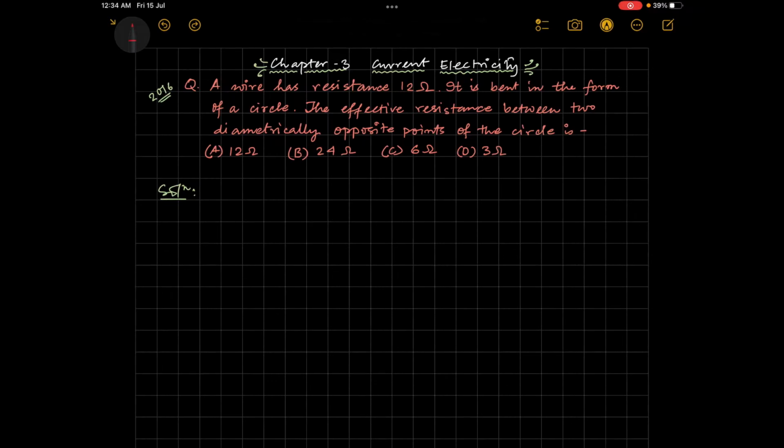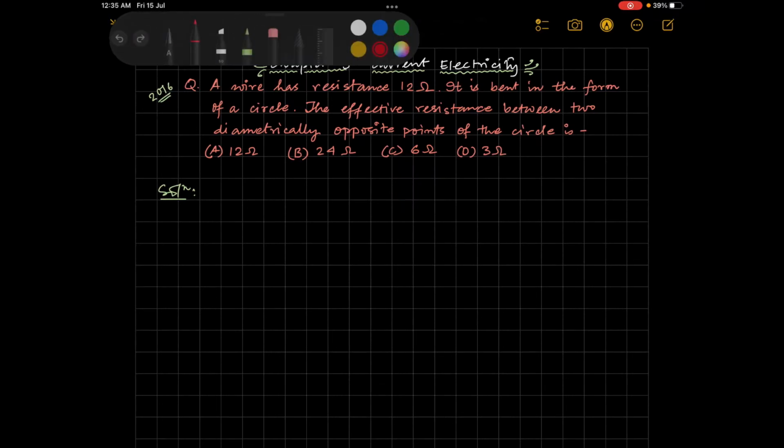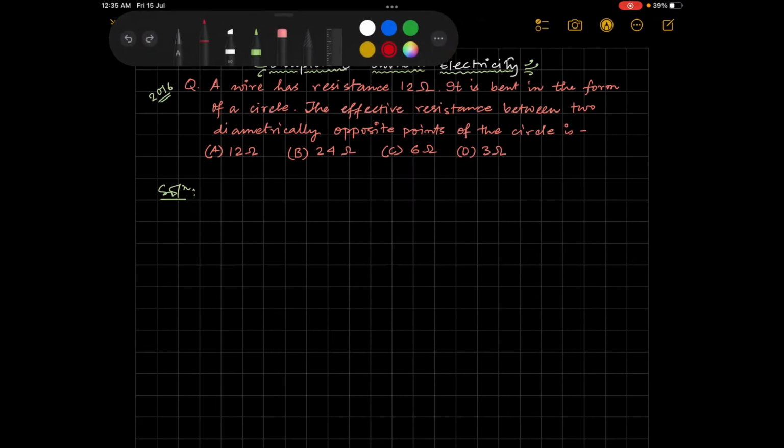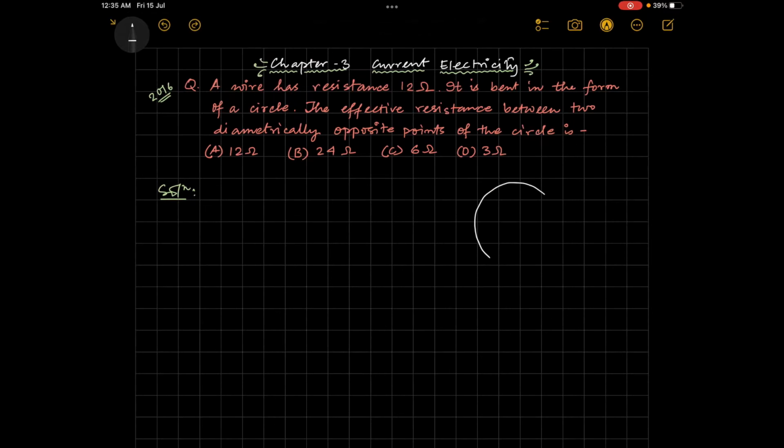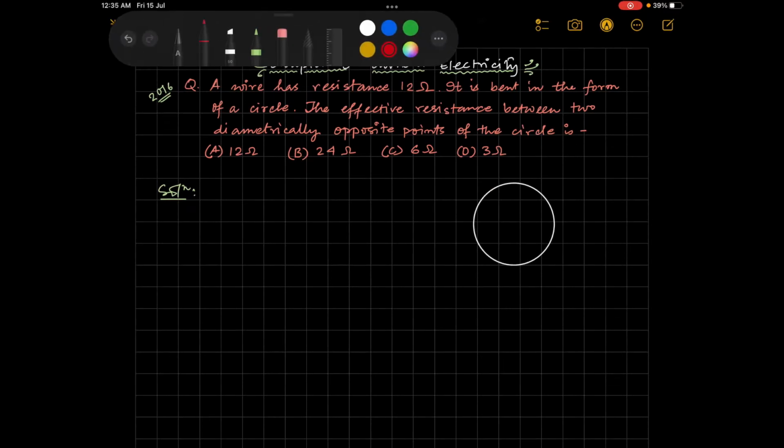So first of all, you have to know what diametrically opposite points mean. As you have already seen that this question pertains to a circle, so if we draw a circle like this, diametrically opposite points means those points which lie on the opposite sides of a diameter.